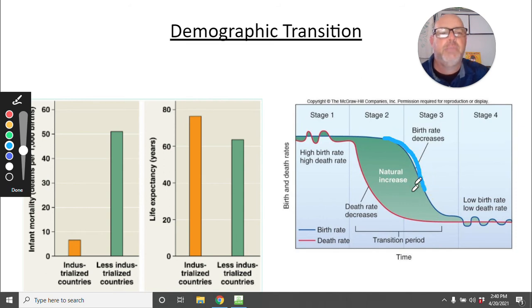They start getting a little bit older, the birth rate decreases. So the birth rate comes back down, the death rate stays down because you don't have real young ones anymore. And then the low birth and low death rate are going to stay low for at least a little while. Okay.